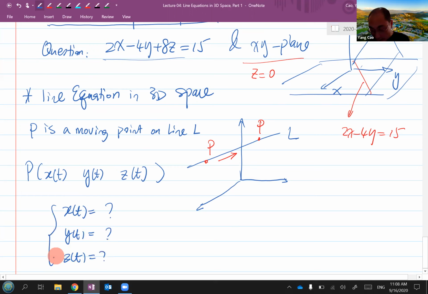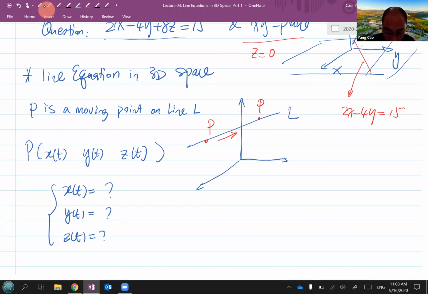If I can find an expression for the three variables that makes sure the point P is moving along this line L, like a trajectory, then whatever I get from here is a description of this line L. So this is essentially the objective: how to find the line L equation. And this brings us a new concept that we're going to look at a little more later. It's called the parametric equation.